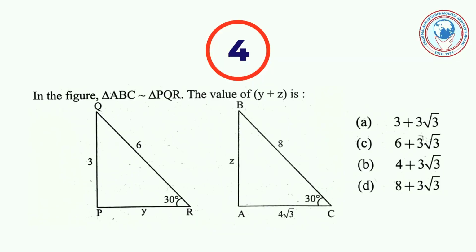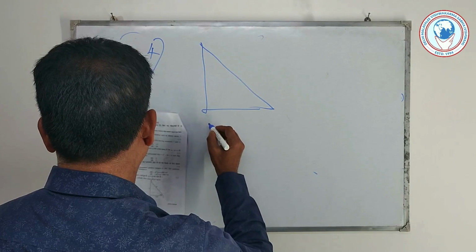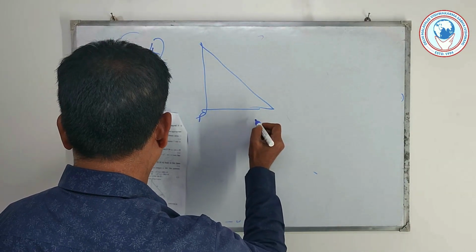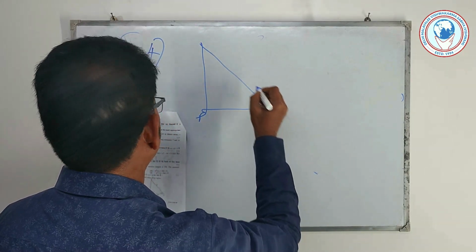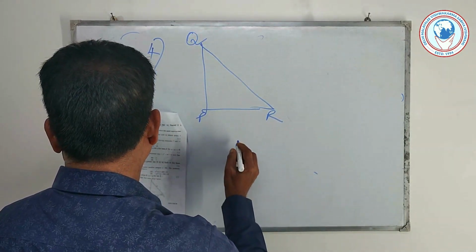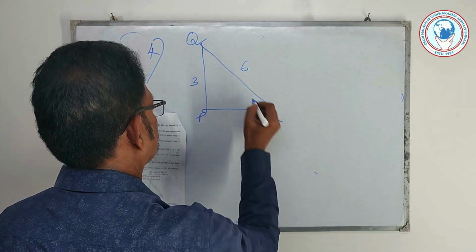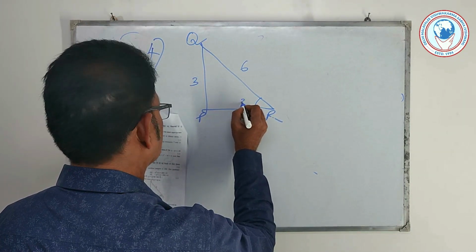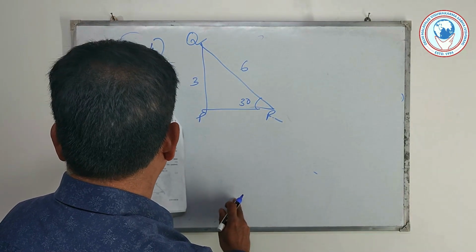Triangle ABC is similar to triangle PQR. Then find the value of y plus z.